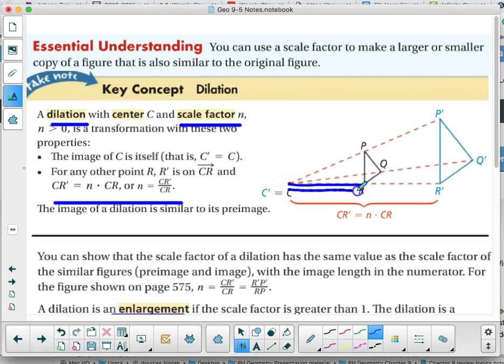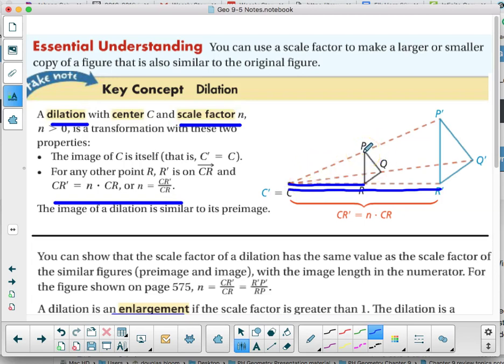And then I have this distance CR prime. Now, that is a growth. Notice how big this is and how it centers from this point. So this is my center of enlargement, C, and because that's the center, C and C prime are the same.